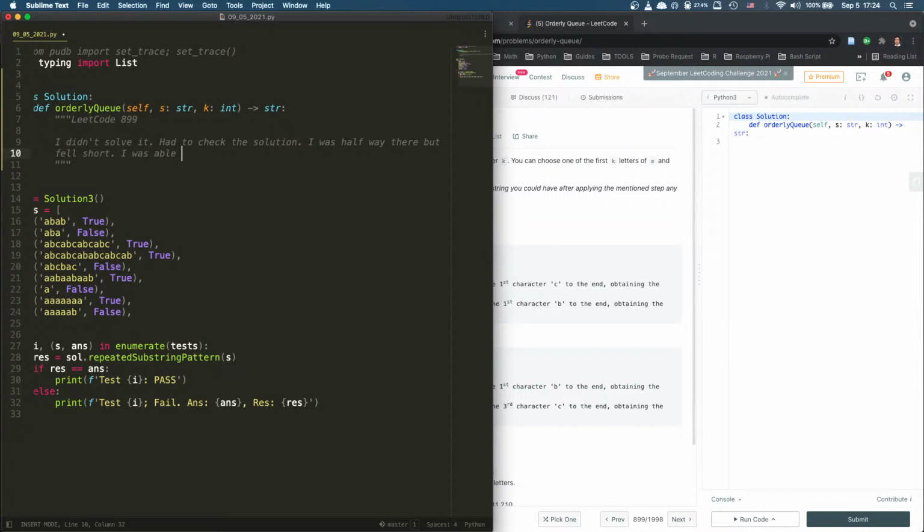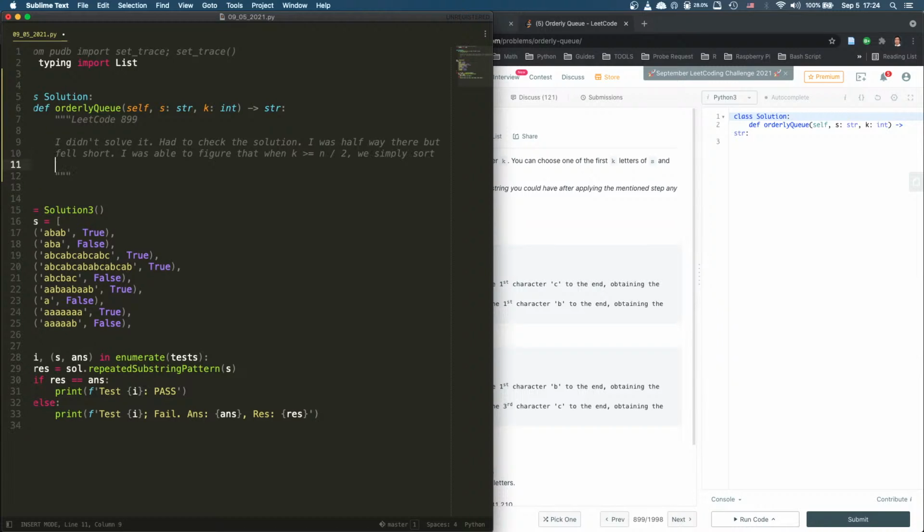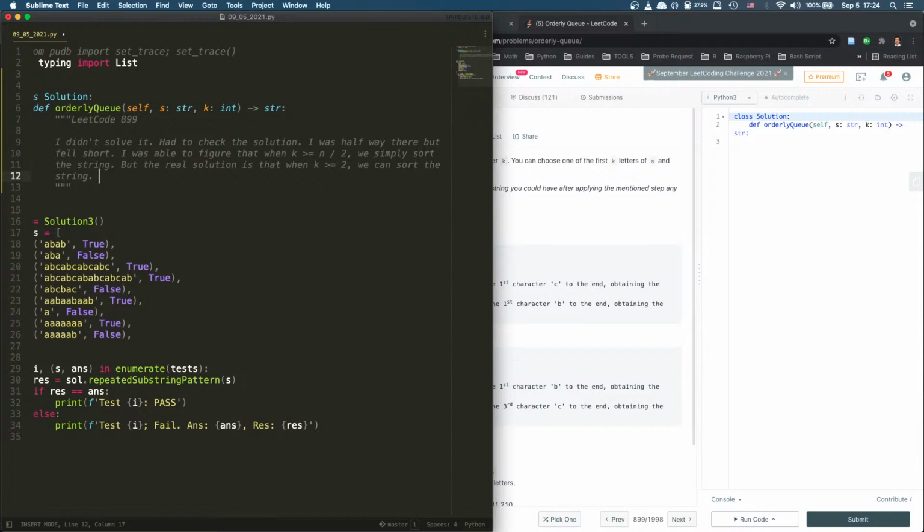I was able to figure out that when k is larger than or equal to n divided by 2, we simply solve the string. But the real solution is that when k is larger or equal to 2, we can sort the string.